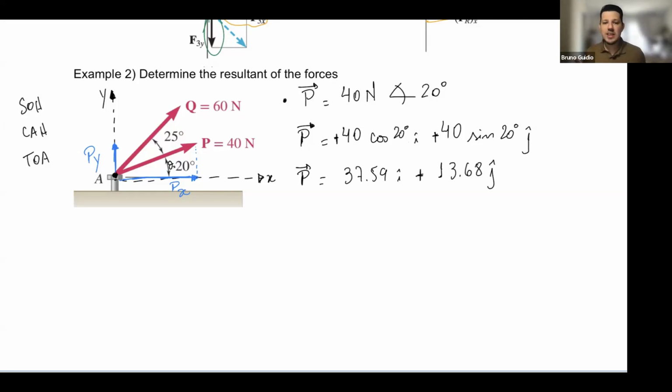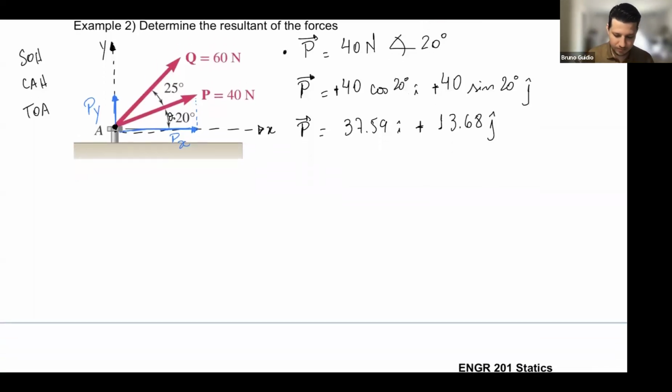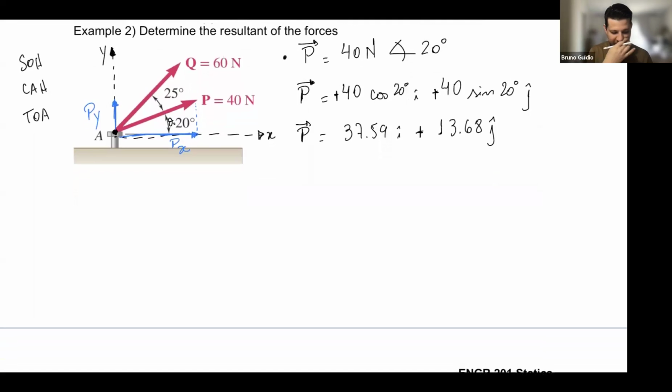So this is my P vector with x and y components, okay? Any questions? All good? Okay, I'll keep going.